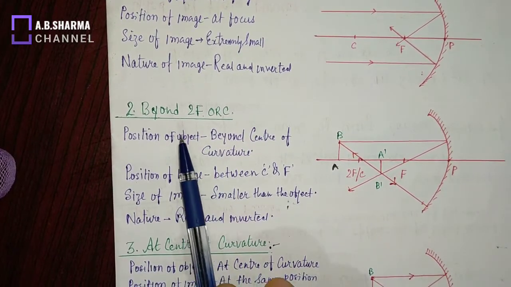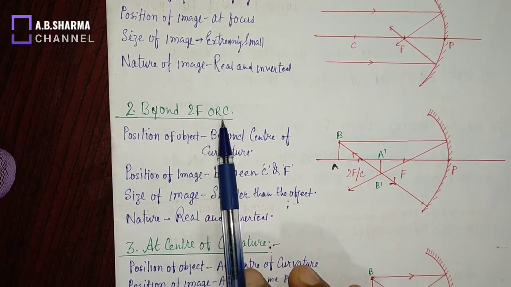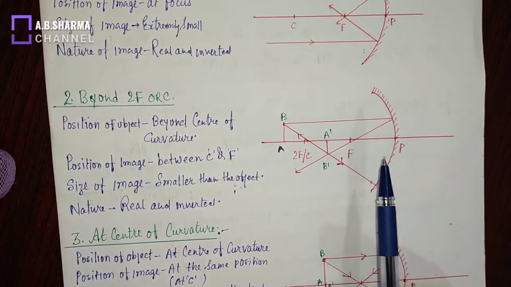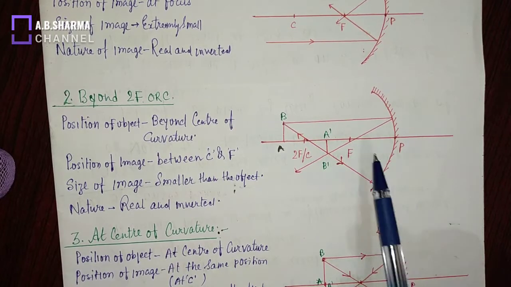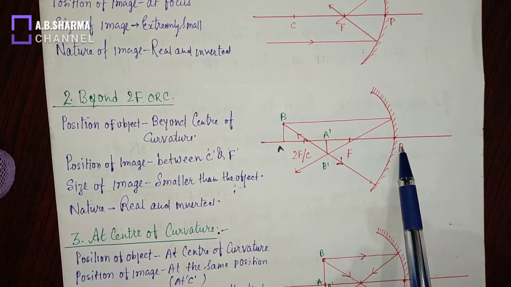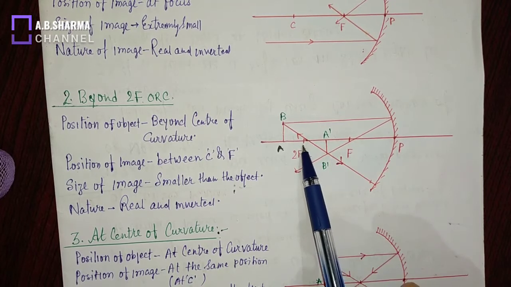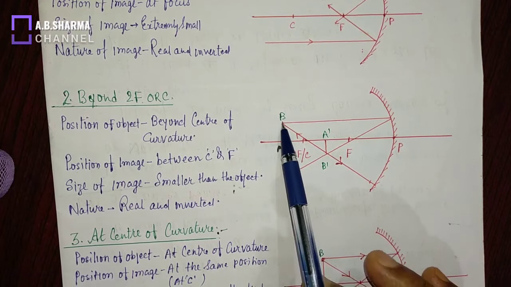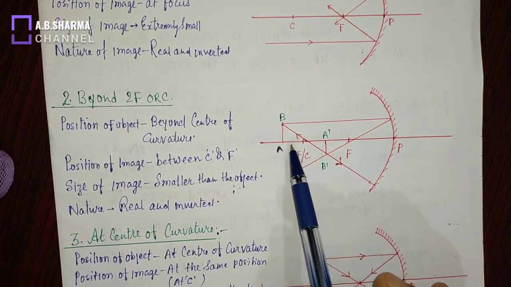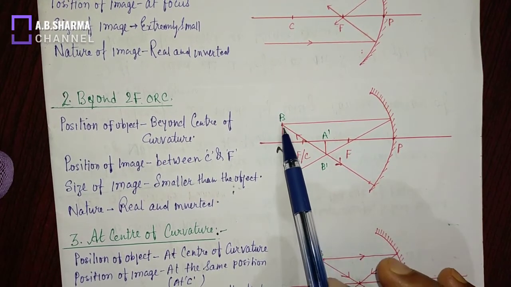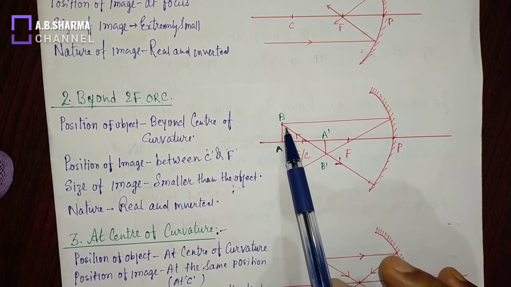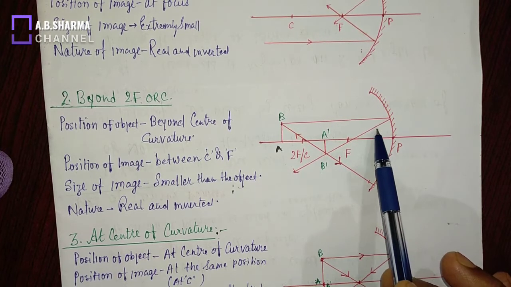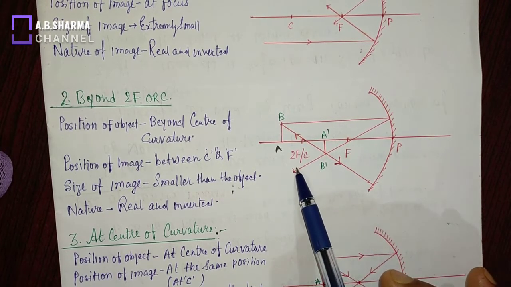When the object is beyond 2F or beyond the center of curvature. This is the mirror, see the ray diagram. This is the pole of the mirror, this is the focus of the mirror, this is the center of curvature of the mirror. And AB is the object which is kept beyond the center of curvature. We will use the rules: when rays are coming parallel to the principal axis, they pass through the focus after reflection.